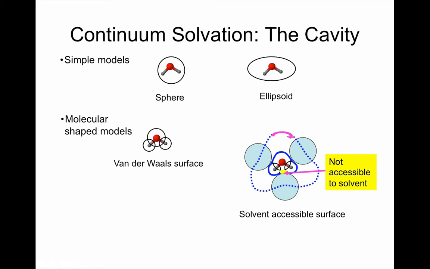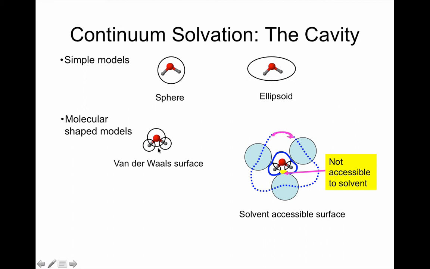Now in some cases, the van der Waals surface will give rise to some unphysical interactions, due to the fact that if we consider, for example, this region here, then this is actually so small in space that it is not possible for real solvent molecules to occupy this region.